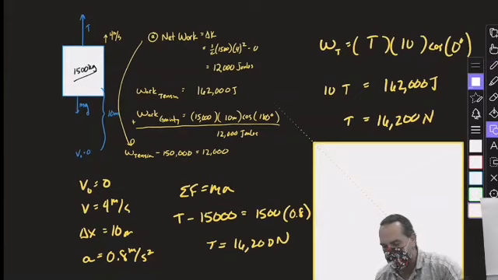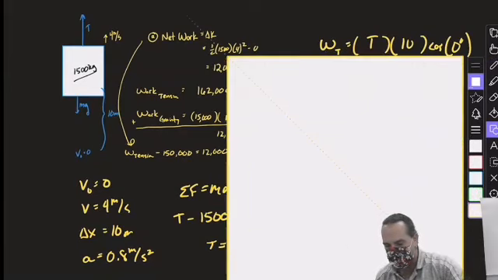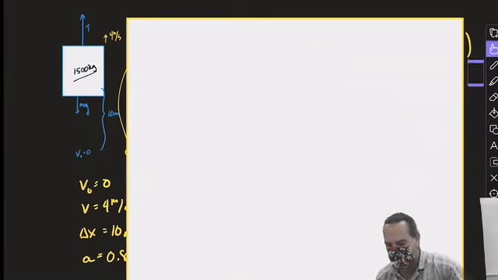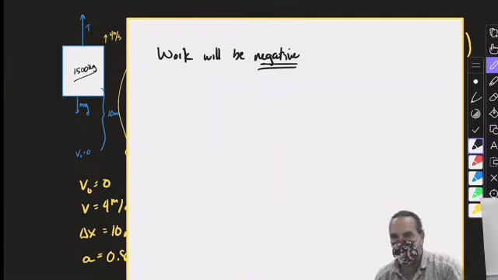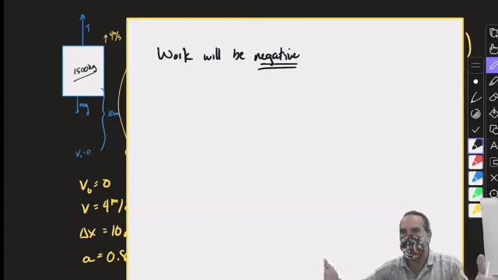What I'm about to say right now, I'm just going to put this big white box over everything so I have a place to work. This isn't to confuse you. It's just so that you understand when you do work against a conservative force, it is stored as potential energy. The work done will be negative when you do it against a conservative force, right? Gravity acted downwards, but the box went upwards.